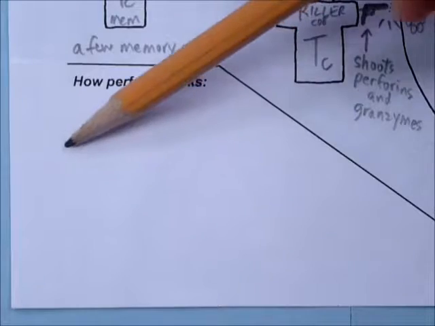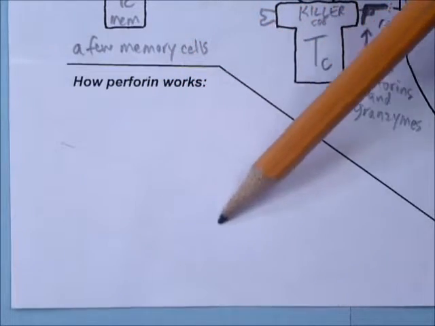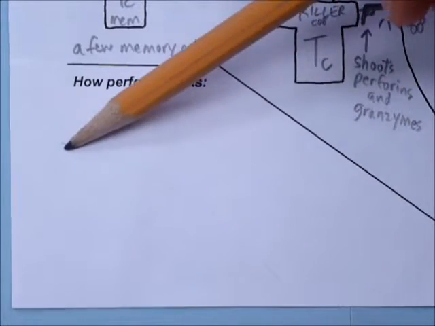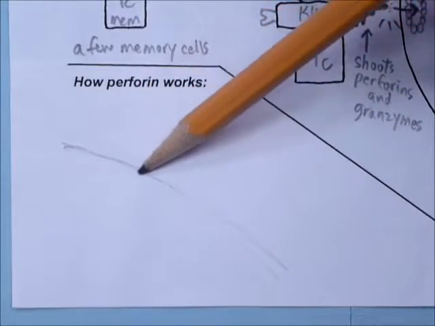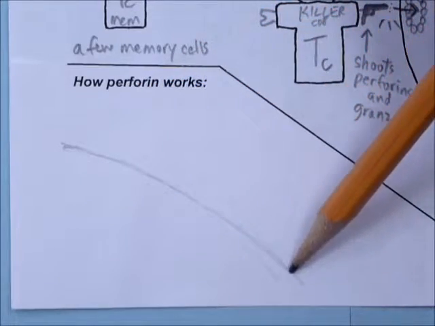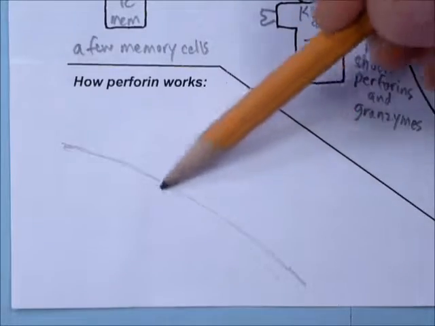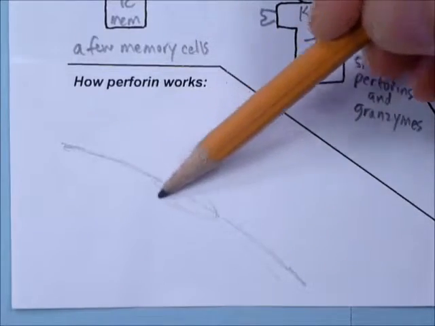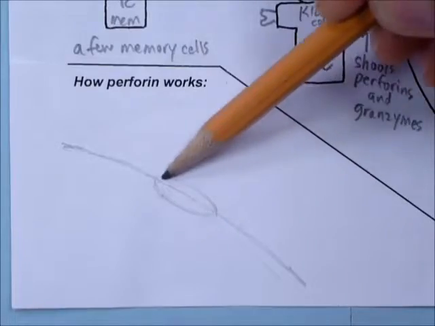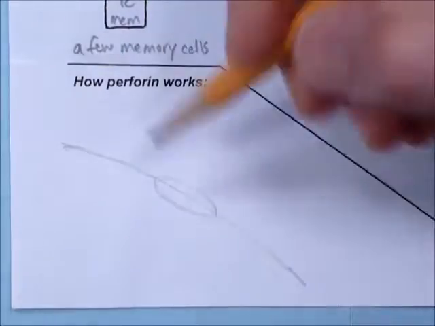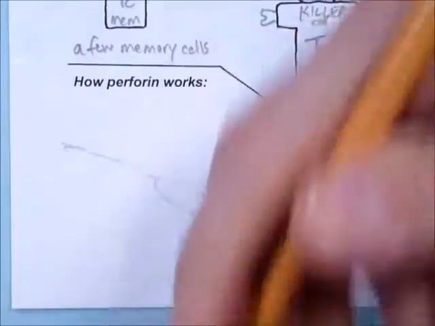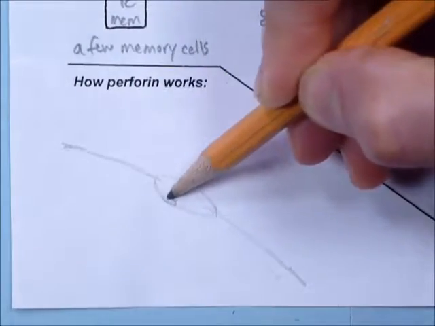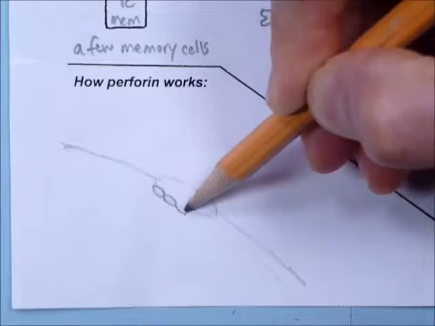So let's draw the edge of a cell right about here. You can't see the whole cell, just a little piece of it. And then right here, draw an oval. And make the oval, let's see, let's erase the middle line there. Make the oval have little ovals, like this.